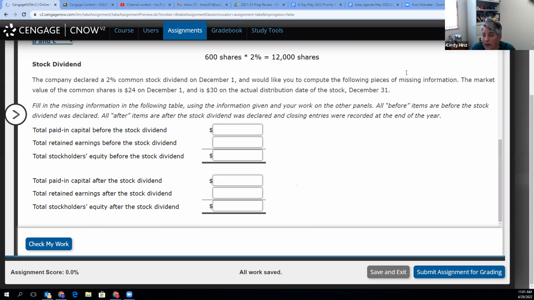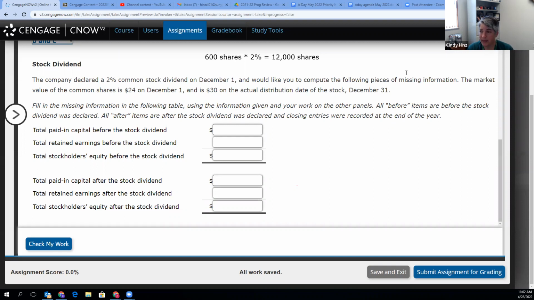And if the dividend is a large stock dividend, that is 25% up to, but not including 100%, which would be a stock split, we use just the par value as the proxy for the value of that stock dividend.